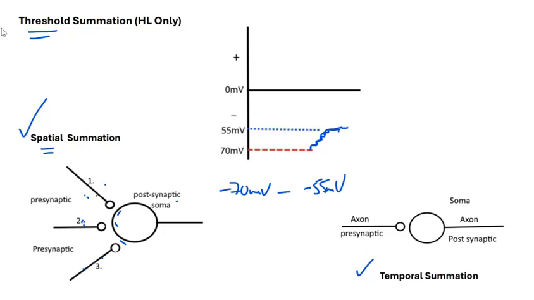Another way in which this can occur is what's called temporal summation, temporal referring to time. And the idea here is that there's a strong impulse coming along the axon of the presynaptic neuron, and that there are a number of stimulations of the postsynaptic neuron by these waves of transmitter substance across the cleft here like this.